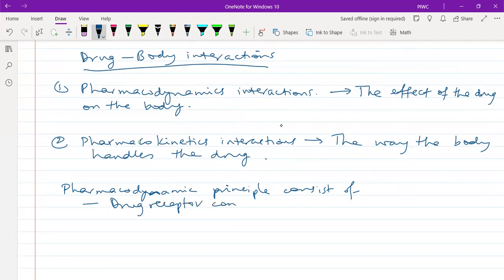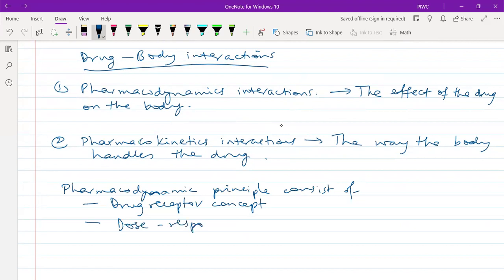How does the drug interact with the receptor at the surface of the cell? And then secondly, we have the dose response relationship, how changing the dose affects the body.